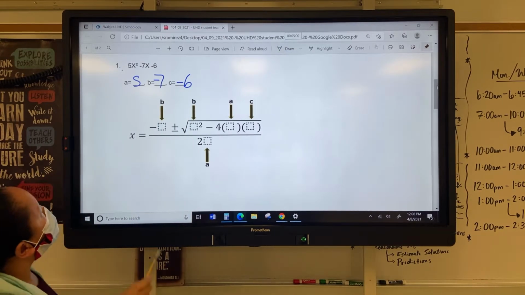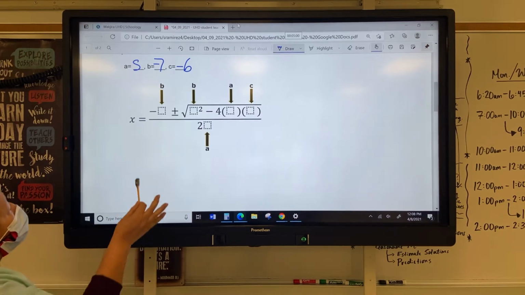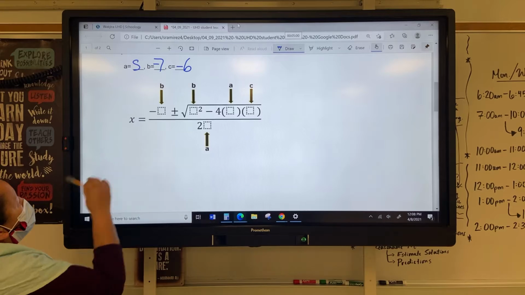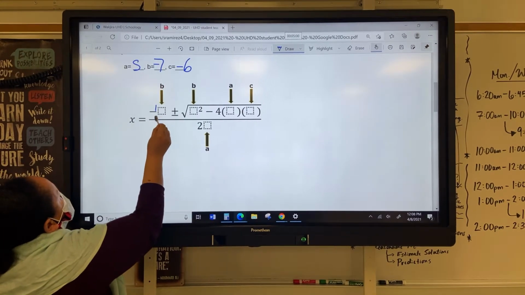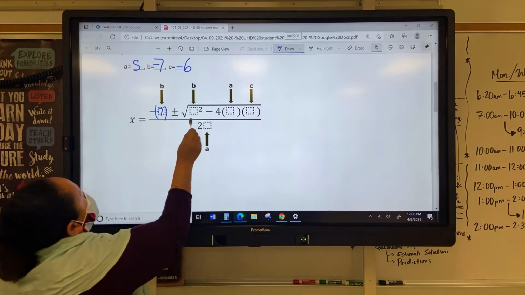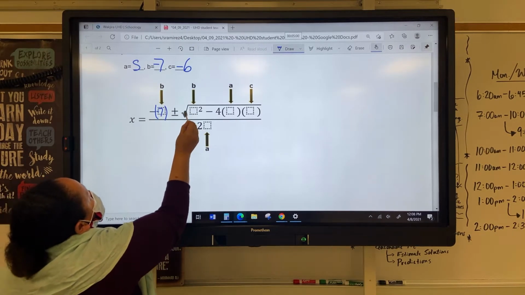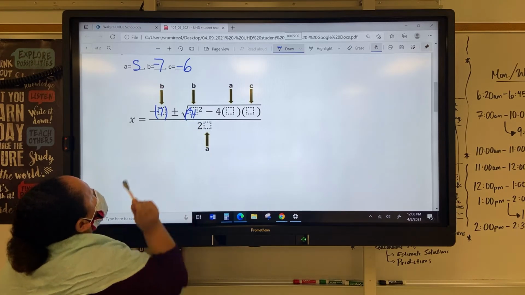Once you label your a, b, c, then it is easy for you just to insert it where the formula is. The b is -7, and right here also b is -7. It is squared.